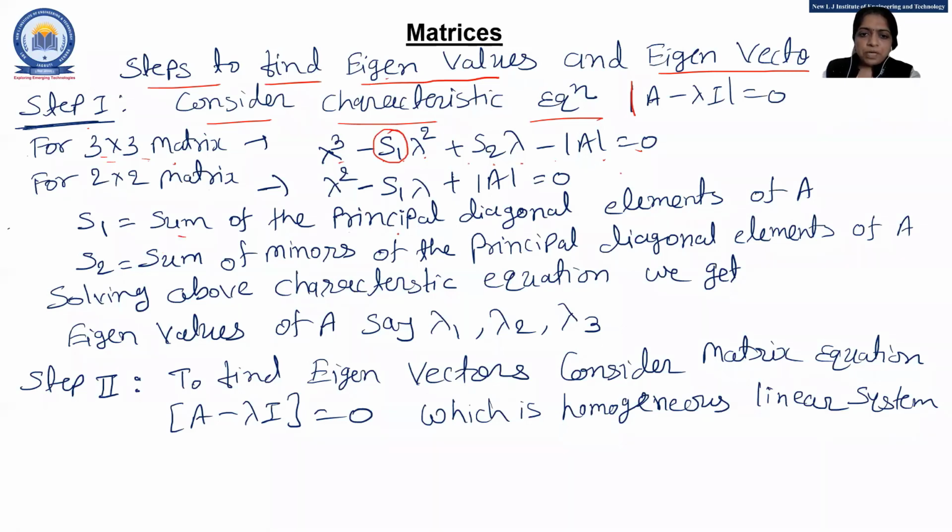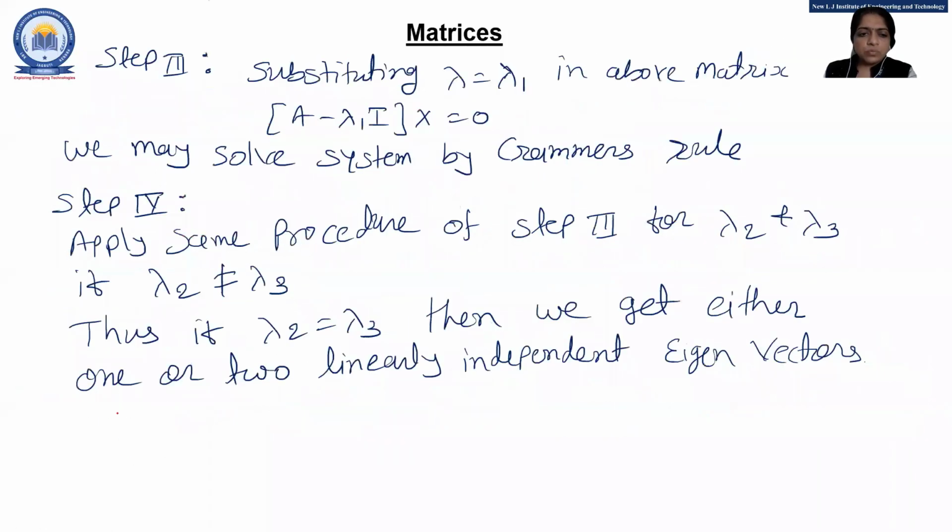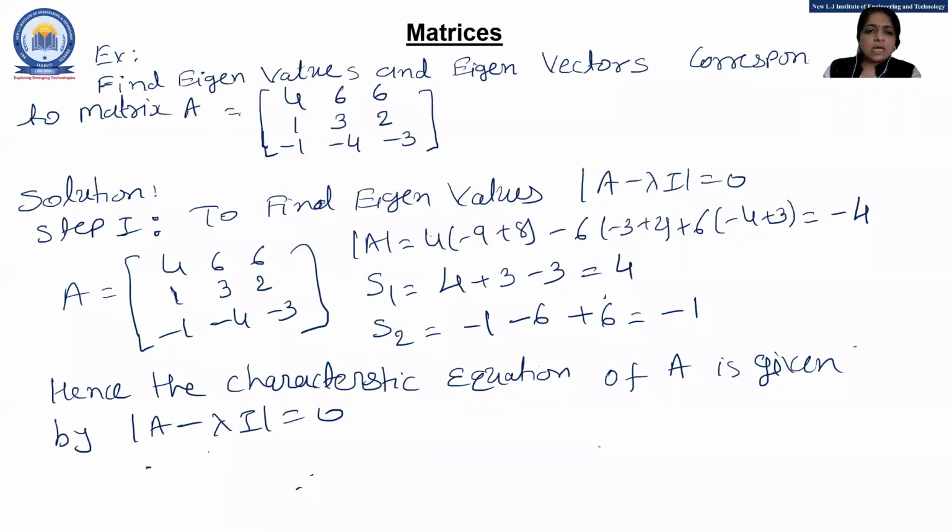Sum of principal diagonal elements. And what is S2? Sum of minors of principal diagonal elements. Okay, the other steps we will see simultaneously with the solution of the example.